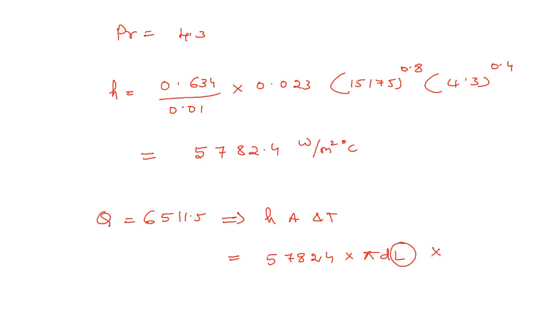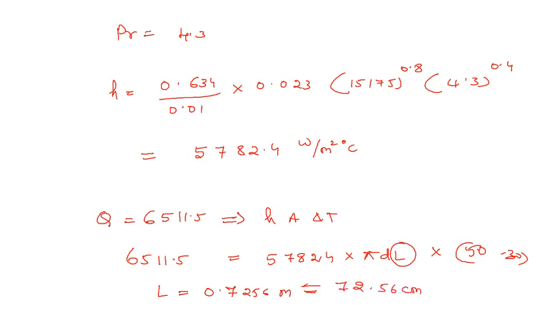The temperature difference we can use as 50 minus 30, outlet minus inlet. On substituting these values, this is equal to 6511.5. So we get the L value to be 0.7256 meter, which can also be represented as 72.56 centimeter.